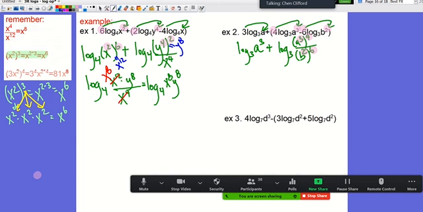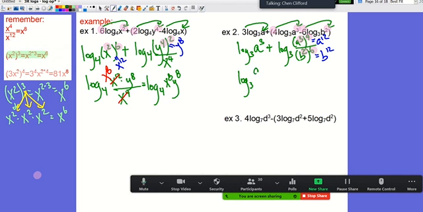Now look at the blues. I get a to the power of 12, and this becomes 12 also, and this is b to the power of 12. Everything else is the same thing we've been doing. Like I said, the only new things on the screen are the blue and pink highlights.